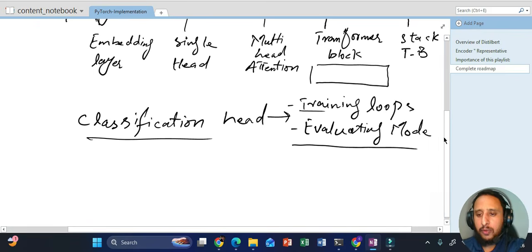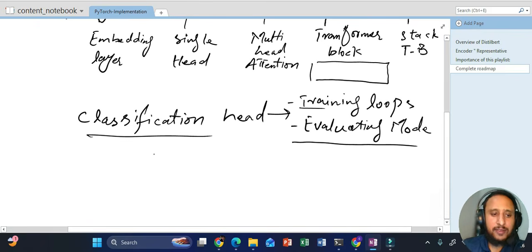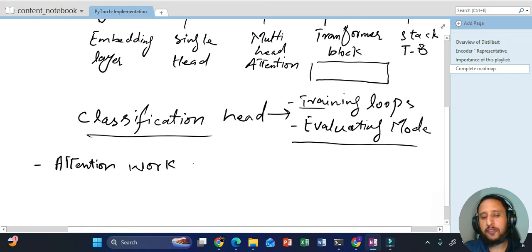There are a few important things to notice. During this complete journey we are going to discuss the in-depth mathematics of how attention works. We will have some hand calculations on how the attention mechanism works.